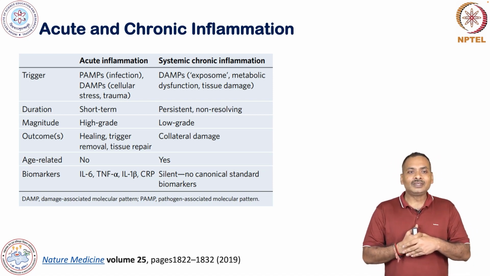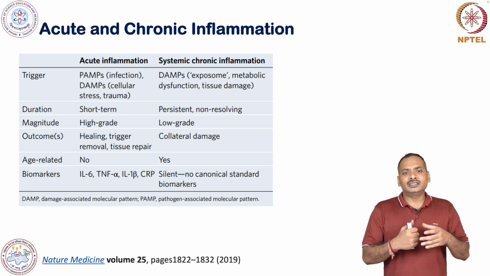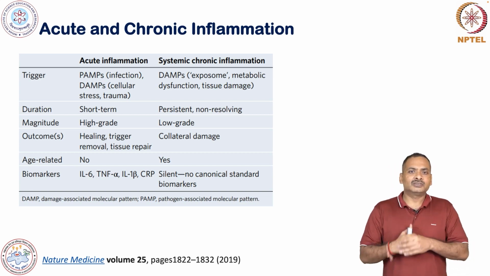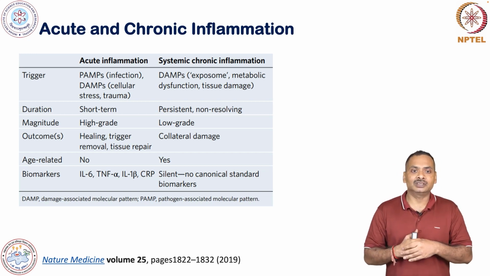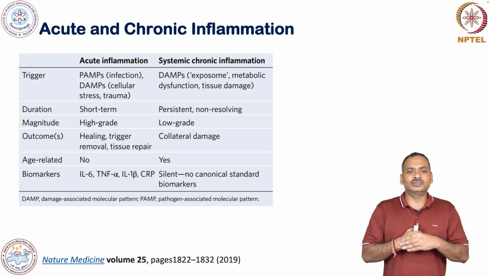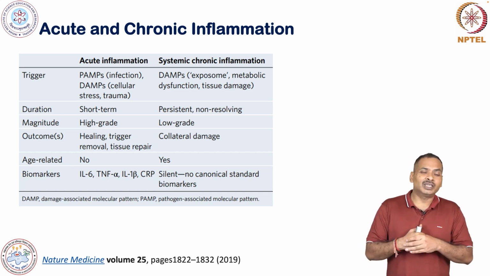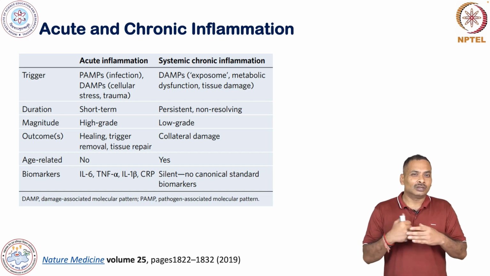So this can cause acute inflammation, and chronic inflammation, which may be systemic, is basically caused by DAMPs. This is due to some dysfunction of metabolic pathways, and I gave you the example of arthritis.